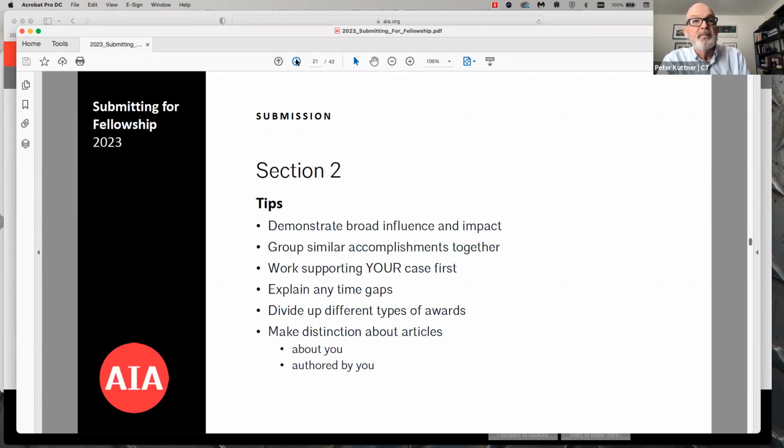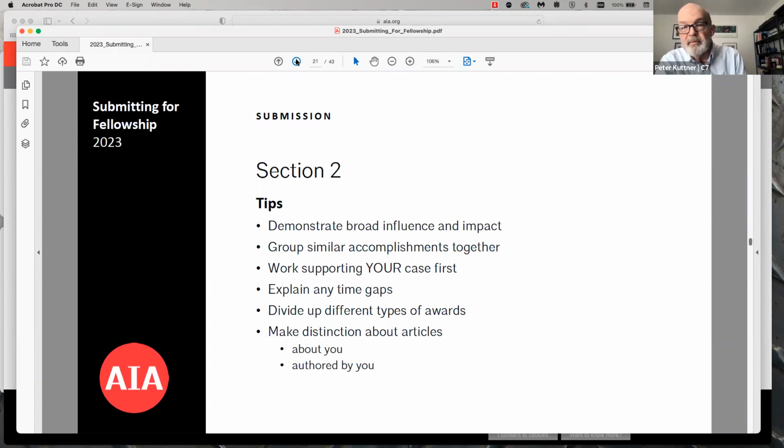So, just other tips for it. Group similar accomplishments together. I say go farther, label it so you know what those things are. Keep pointing at you, don't make a case for the organization. Talk about what you did. Explain time gaps.